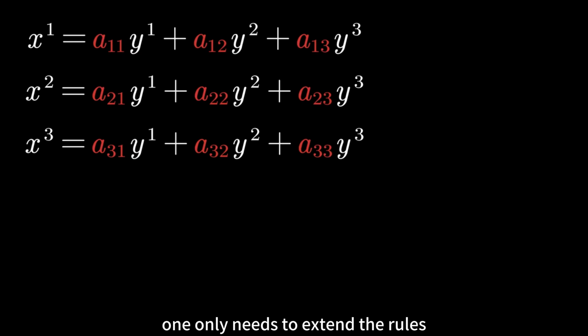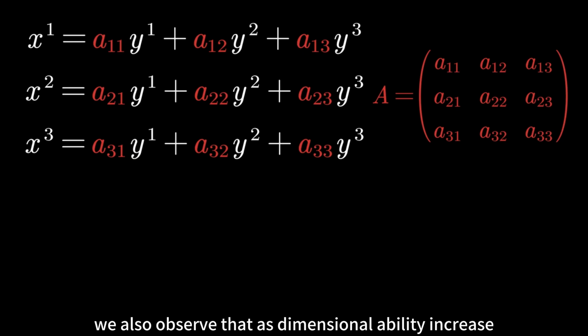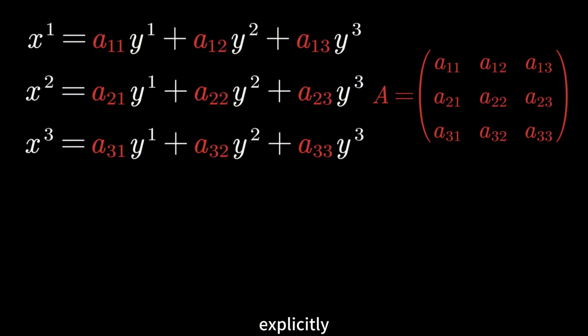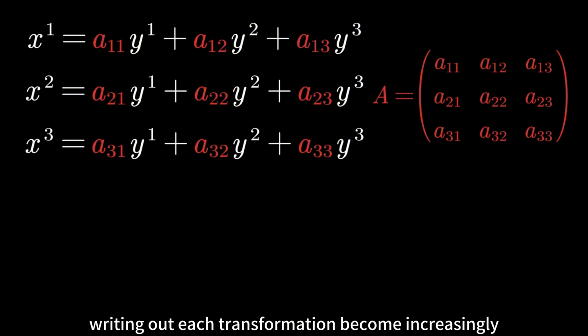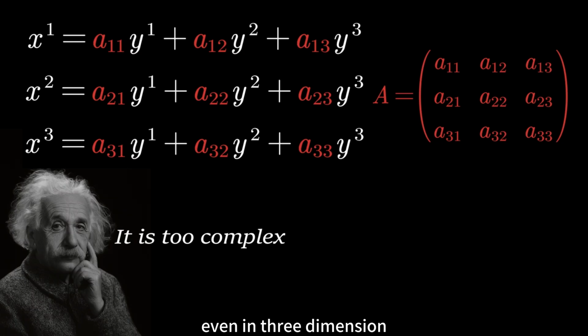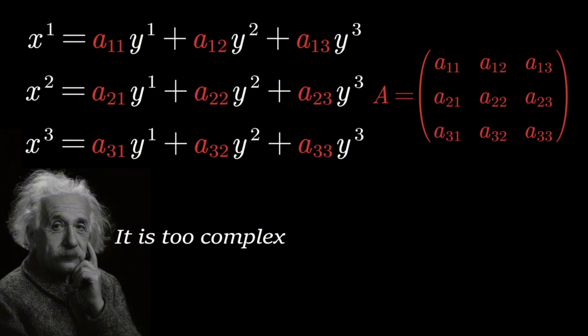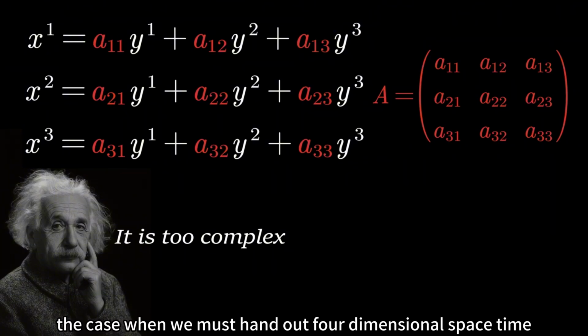One only needs to extend the rows and columns in a straightforward manner. However, we also observe that as dimensionality increases, explicitly writing out each transformation becomes increasingly cumbersome. Even in 3 dimensions, writing it out is already very cumbersome. Not to mention the case when we must handle 4-dimensional space-time.